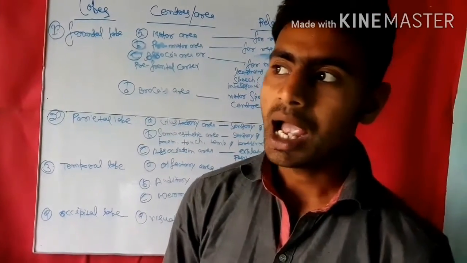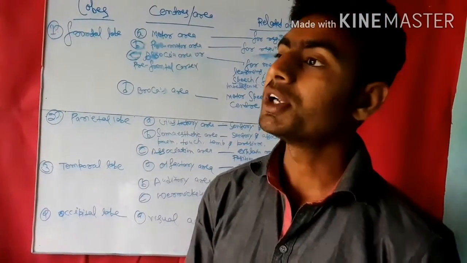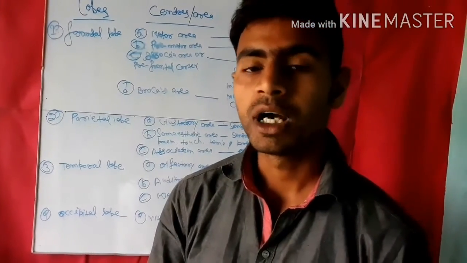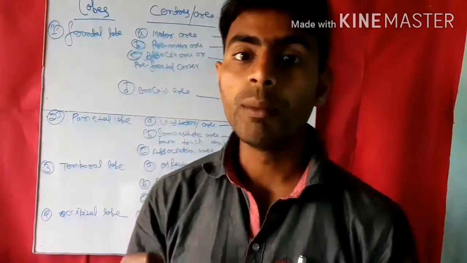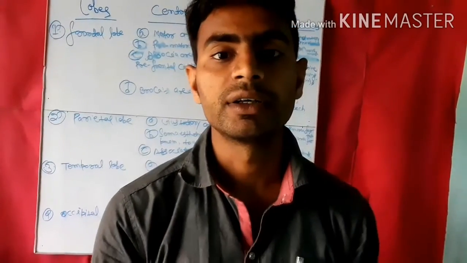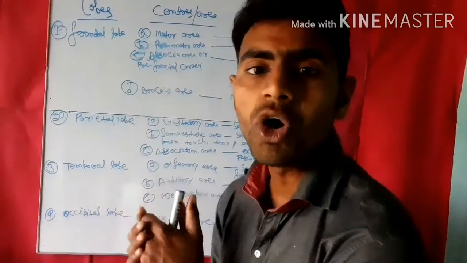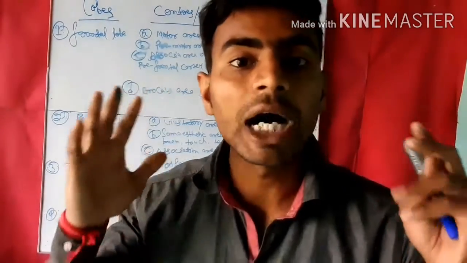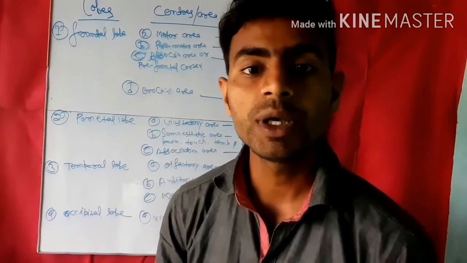Today is the third lecture on the cerebrum, and today we will learn about the related activities of motor areas and centers present in the brain: what are the related activities of those centers, and which centers are present in which part of the cerebral hemisphere.